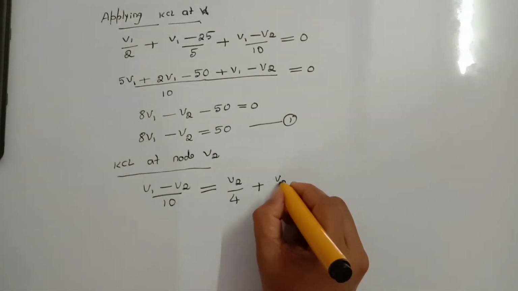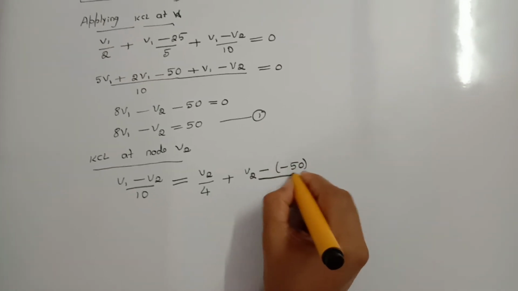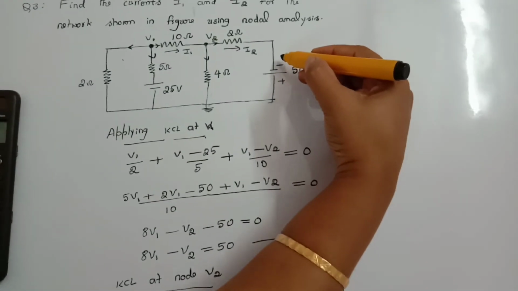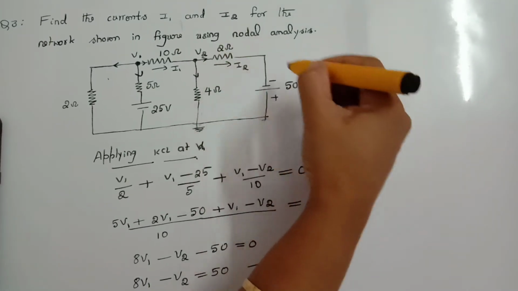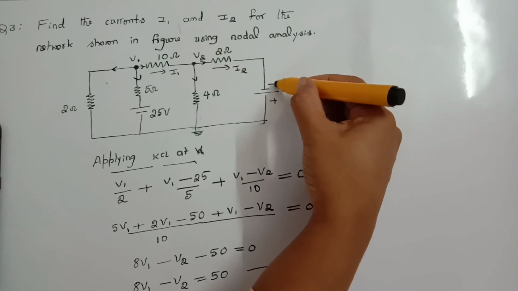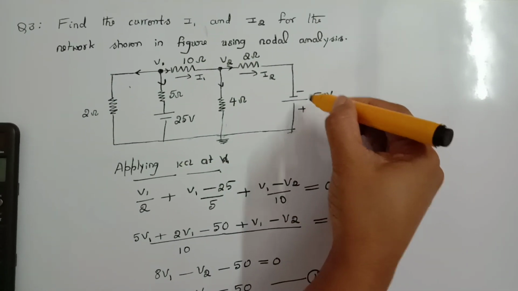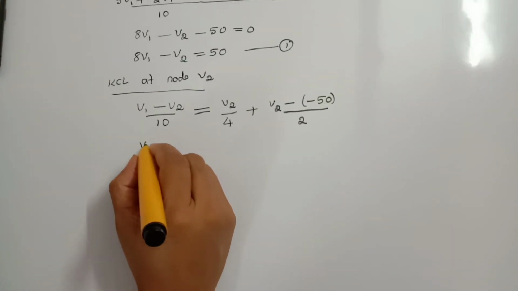We are getting (V2 plus 50)/2. It is minus because if it is positive and negative, then we have to take V2 minus 50. Now since it is minus here, you have to take (V2 plus 50)/2 gives the current.